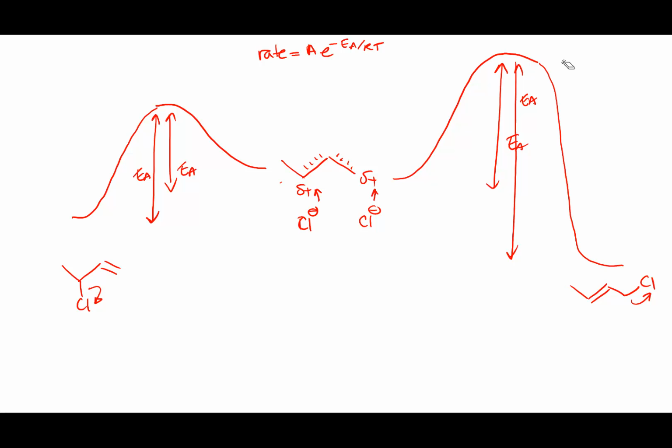And then it might go there again, then come back here, and it might go there again. But if it comes back here and it goes over there, over the right-hand barrier, then what happens? Now I'm kind of stuck in this well where it's going to be difficult for me to get out of it. So if I give the reaction enough energy and enough time, what happens to the products? They mostly end up on the right-hand side, stuck in the well. That would be the thermodynamic product. The thermodynamic product is the most stable product.